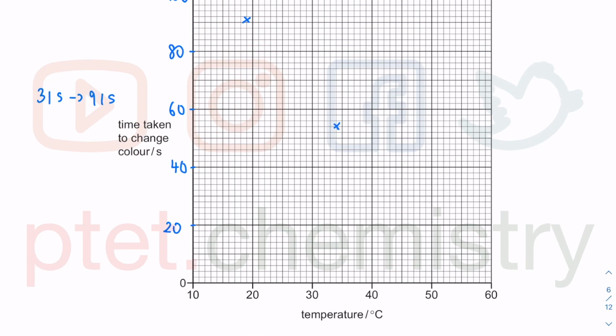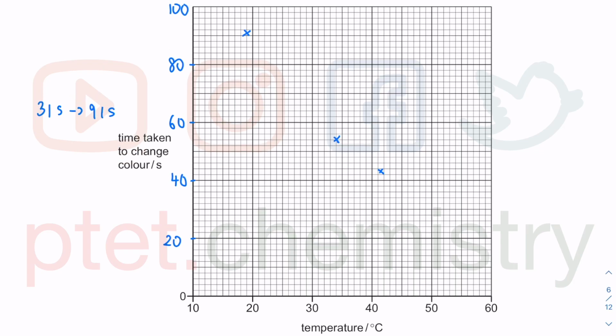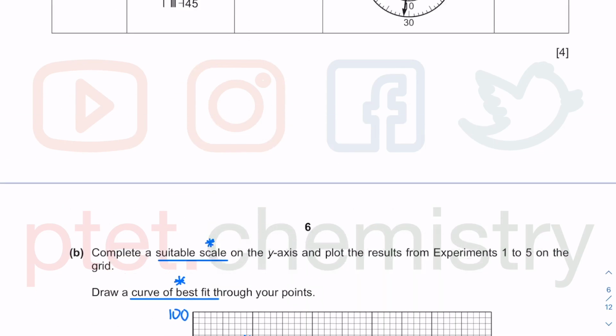So 41.5 is there, 41.5 and 43. So should be roughly there. That's 41, 42, so 41.5 is in between. This is 42, this is 44, so 43 is somewhere in between there. So there's just a nice cross inside the small square itself.